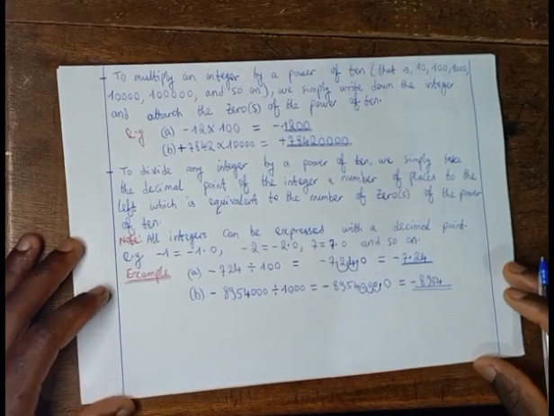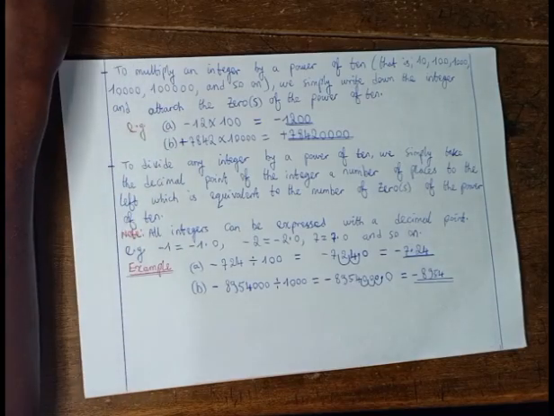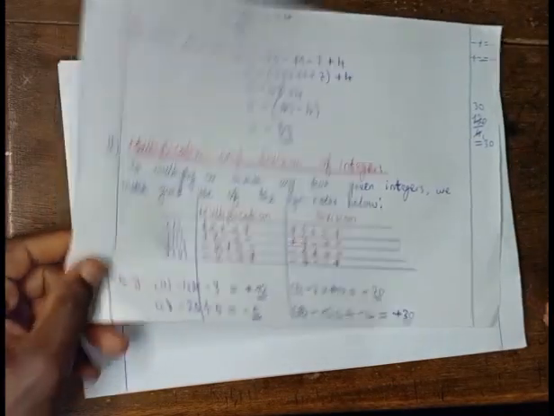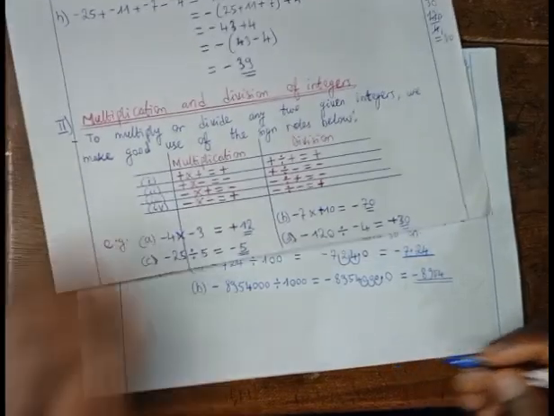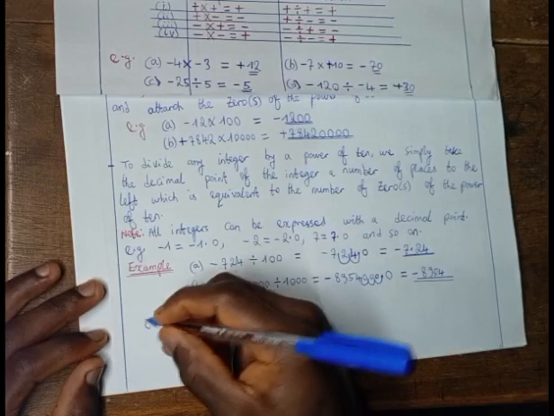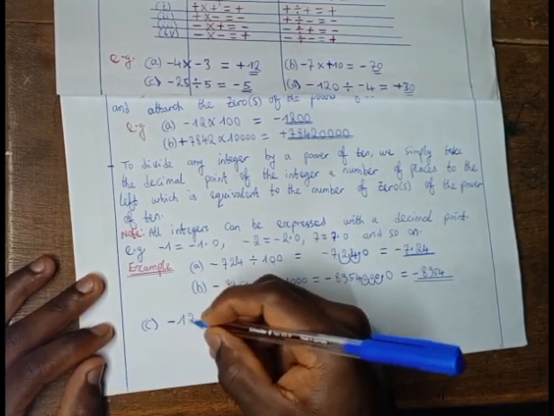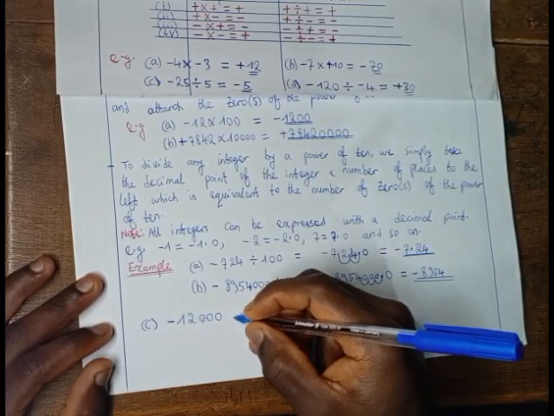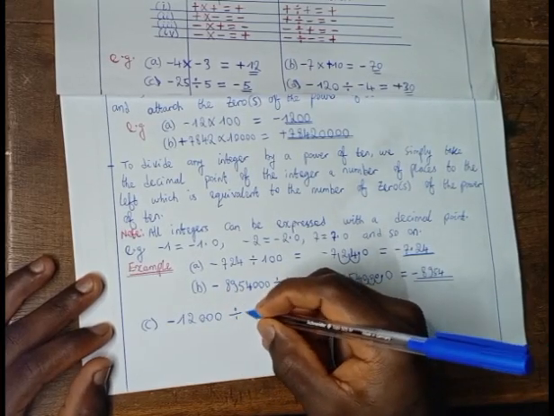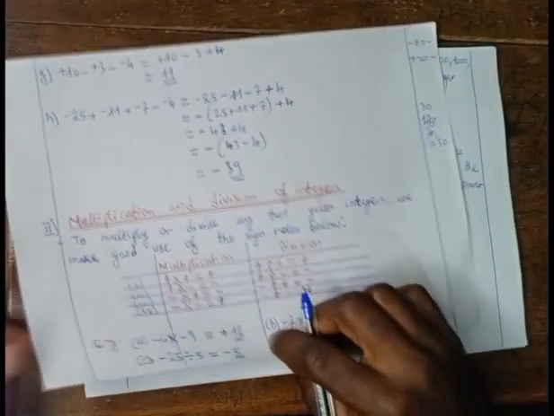Next, the other cases: if for example we are to divide an integer by a power of 10 which is negative. Let's take for example C, where we are to divide negative 12,000 by negative 100. In this case, we make good use of the sign rule.